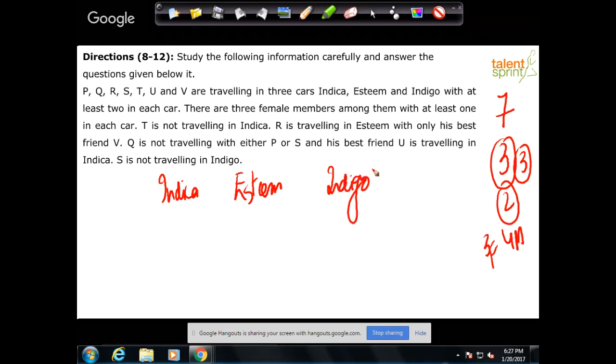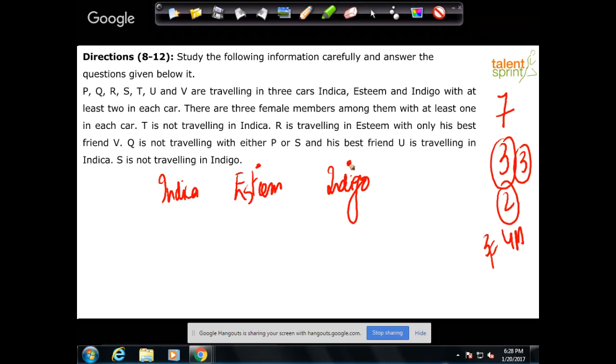Now, let's see. T is not traveling in Indica, which means that T is either in Esteem or in Indigo.